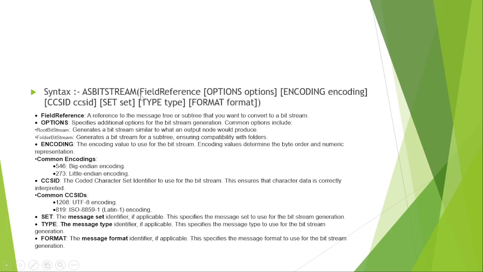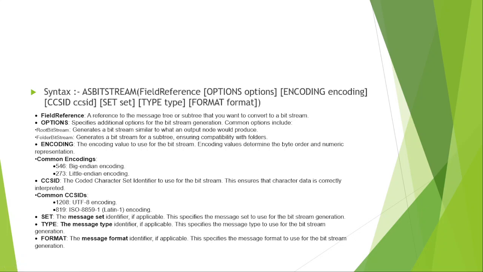The ASBITSTREAM function is used to convert one format of data into a bit stream, so whatever data is going to be converted into the bit stream, we have to give in the field reference. It is the reference value that you want to convert to a bit stream.